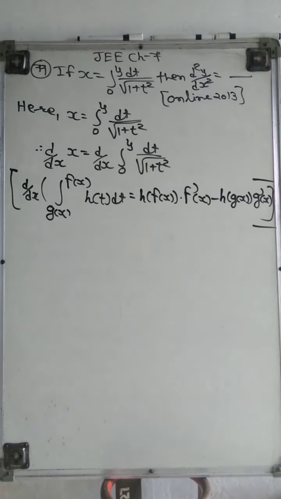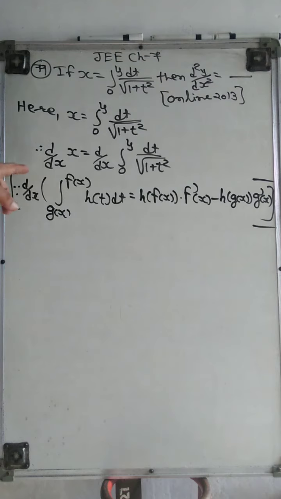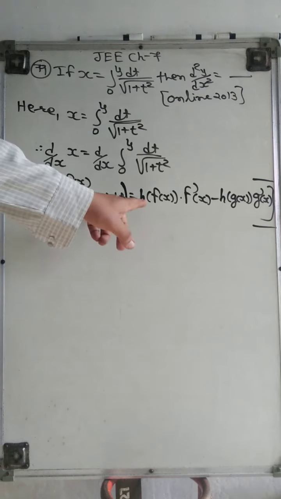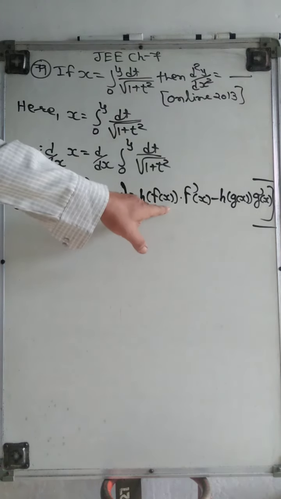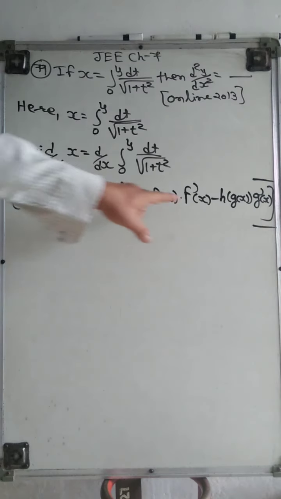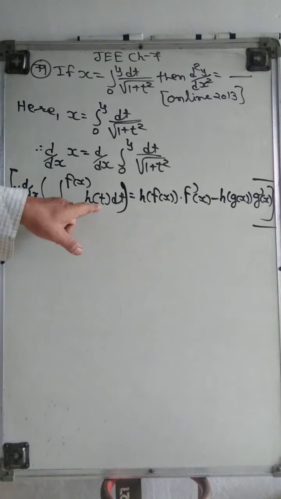So here note down, this is one rule which is useful for this type of function: d upon dx of the integration from g(x) to f(x) of h(t) dt, then here directly we put h(f(x)) into the derivative of f(x), minus h(g(x)) into the derivative of g(x).